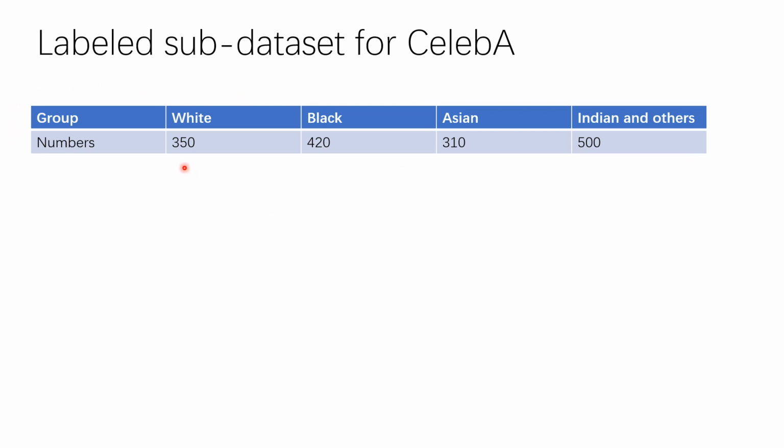You can see here is 350 white, 420 black, 310 Asian, 500 Indian, and others. And to be specific, Indian and others include some people from the Middle East and maybe Mexico, but they are not necessarily not white, but not that white, just to be clear.